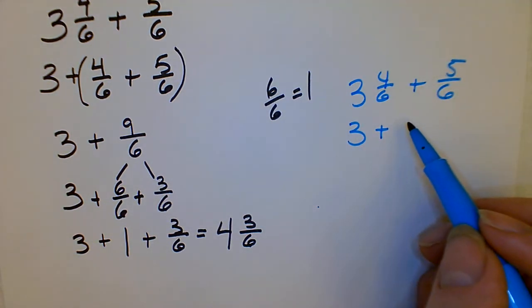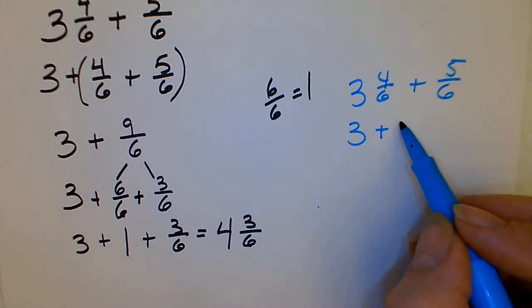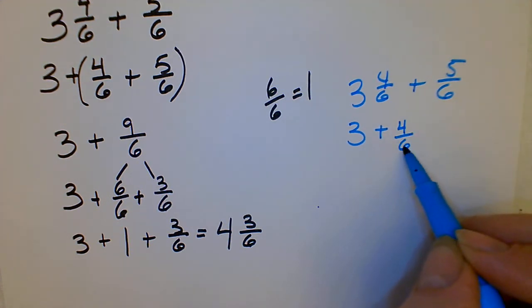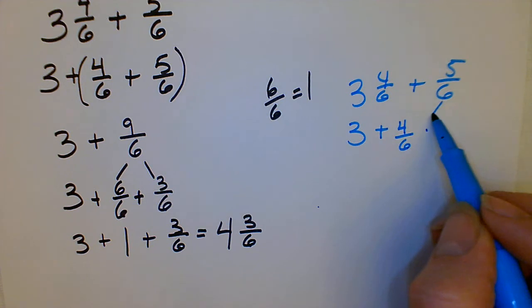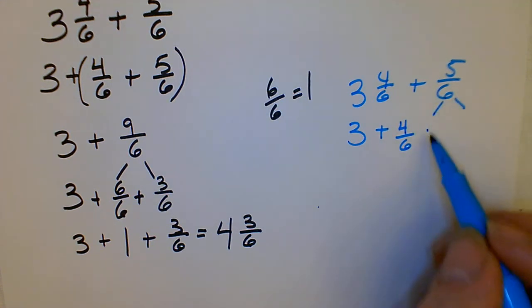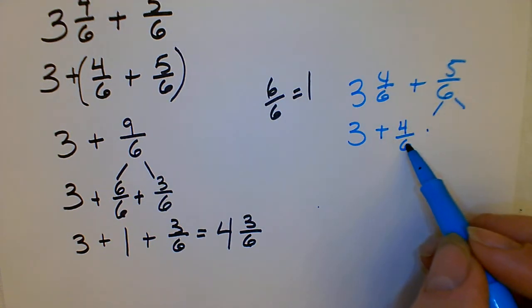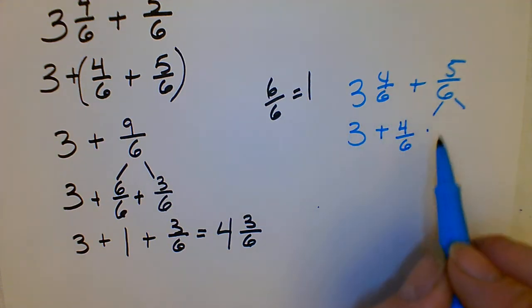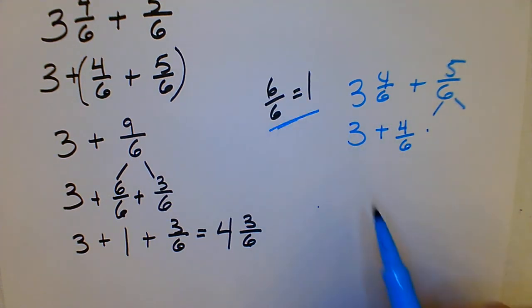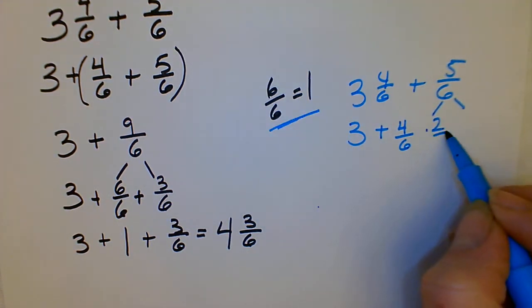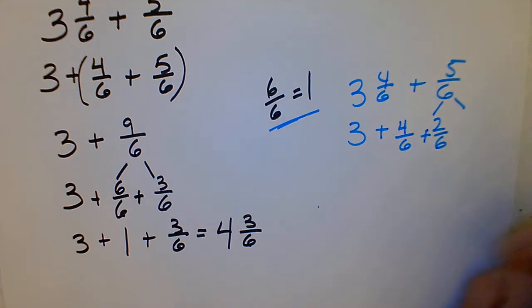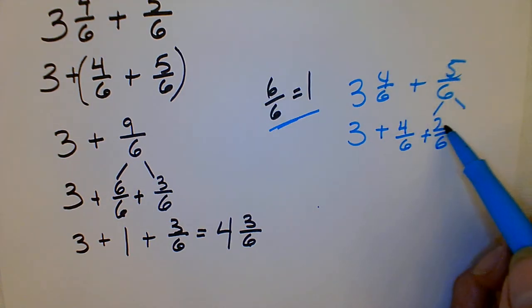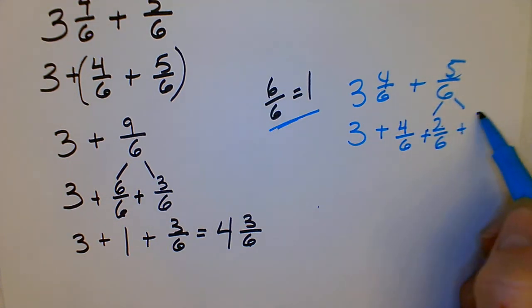So the other way that we could have done this is to make a whole. So we have 4/6, and what I want to do is I want to split this into something where I can make a whole. Well, from 4/6 to go up to 6/6, because 6/6 is going to give me my whole, I would need 2/6. And then if I have 5 whole here and I put 2 there, I'm going to have 3 over here.